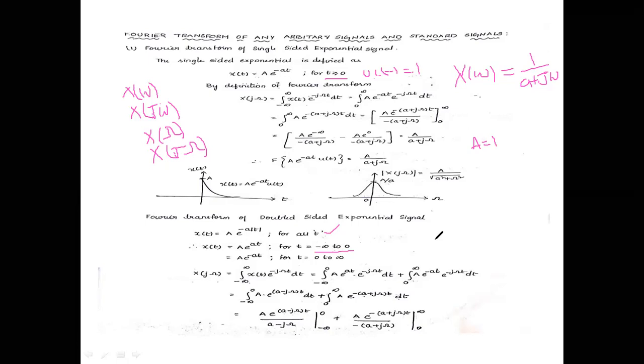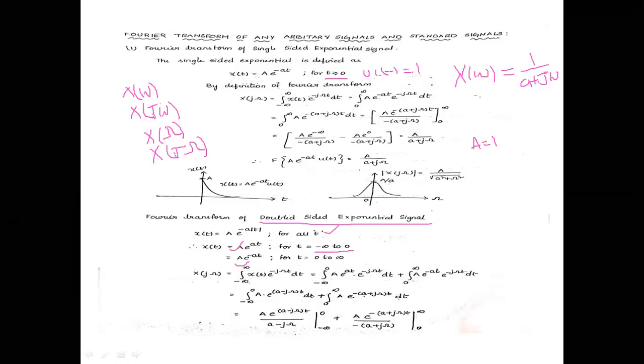If t is negative, from t equal to minus infinity to 0, the magnitude of t here is minus, minus into minus is plus, and a into e power minus at, where the t value is positive. So two-sided: one is the positive values of t, and another one is the negative values of t. You can call it a double-sided exponential signal.